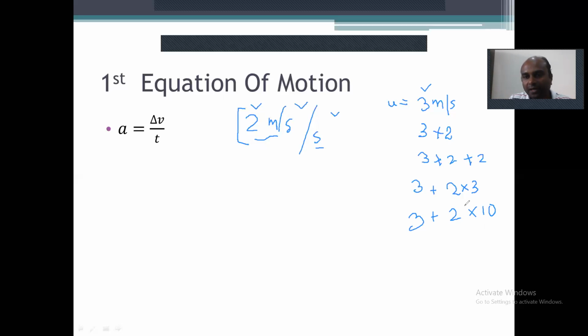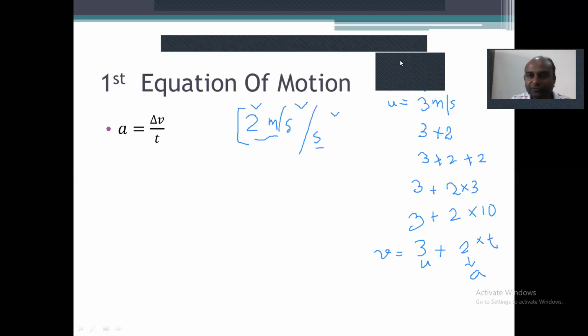For example, the velocity of this object after a time t would be simply 3 plus 2 into t here, where 3 is the initial velocity, the velocity with which the object started when we started studying the motion, and 2 is our acceleration, and v is the final velocity that we are considering after a certain amount of time. So that is how it works.